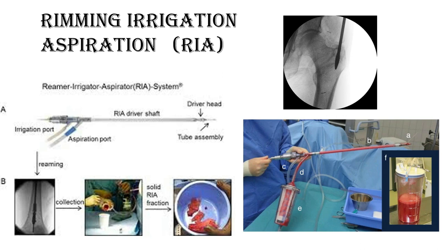How can we get it? We can put one guide wire through the greater trochanter of the femur. We will put this guide wire up to the distal part of the femur. Now we will put a reamer over this guide wire, and that reamer will have a three-way cannula.